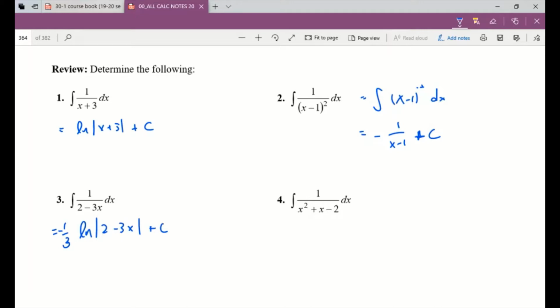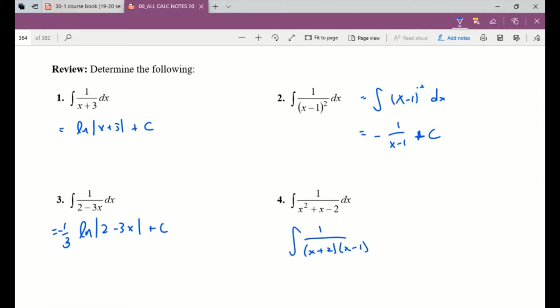So these aren't too bad, but when we get to this part, 1 over x squared plus x minus 2, we don't know what to do. We recognize that this ends up being 1 over x plus 2 times x minus 1.